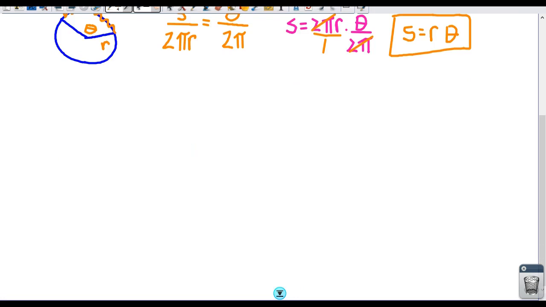Let's see. So example number 1. I'm going to give you that the radius is 5 inches. I'm going to give you that theta is pi sixths.